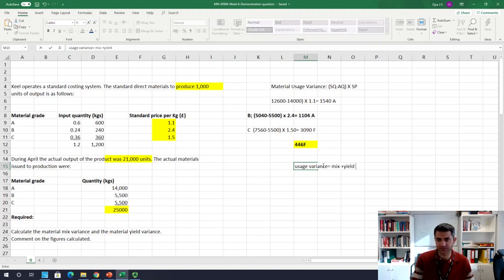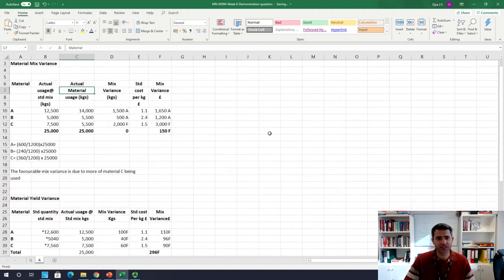This usage variance 446 equals mix and yield, so we need to find out how much is for mix and how much for the yield. When I talk about mix variance, I'm talking about the input and the material, and the yield, I'm talking about the quantity, the output. So let's start doing the material mix.